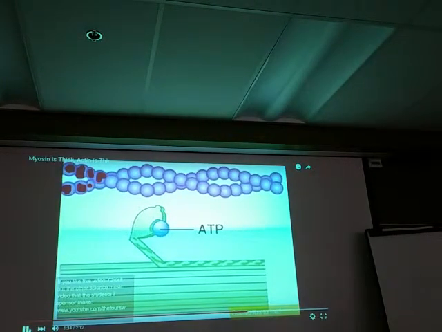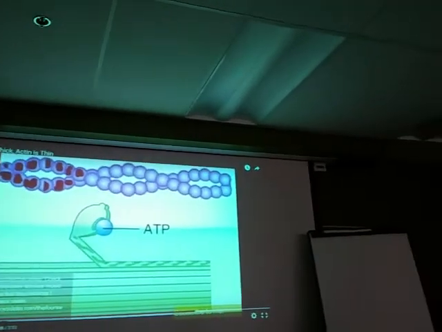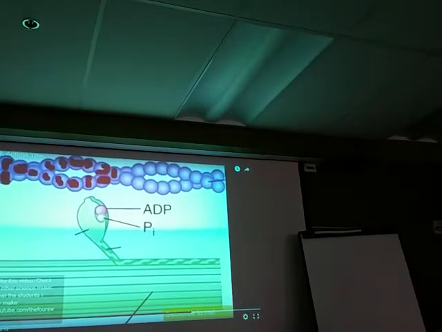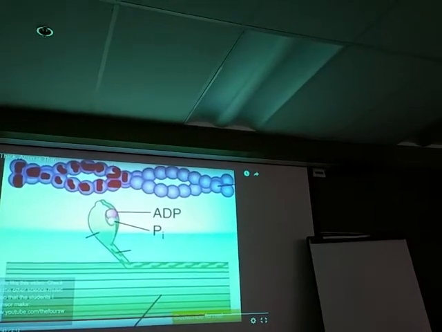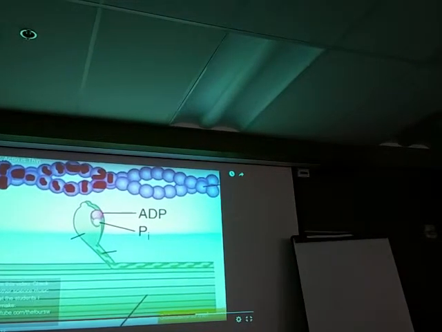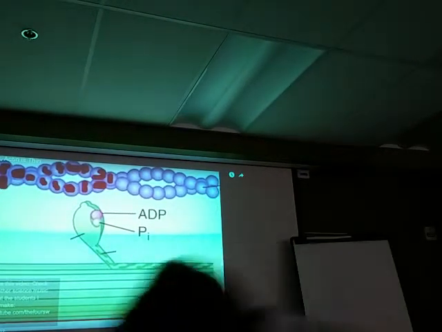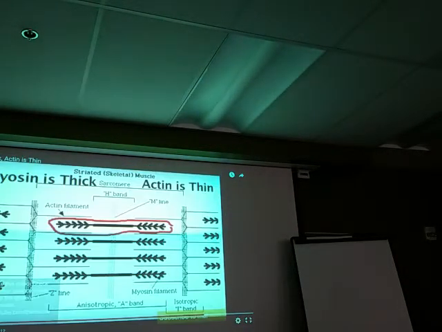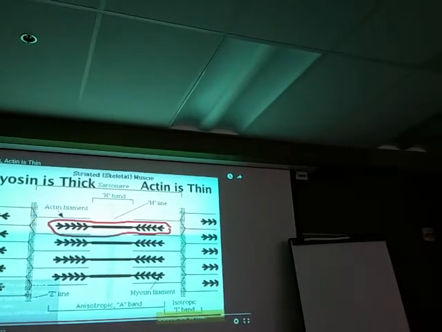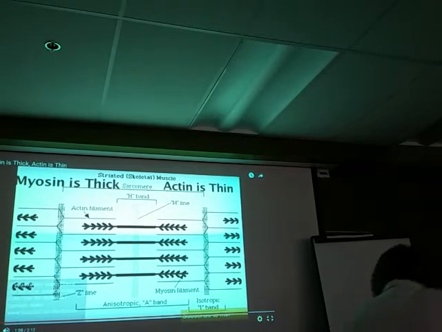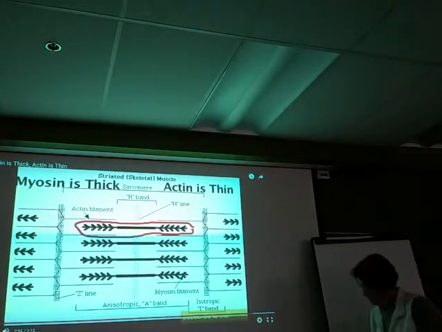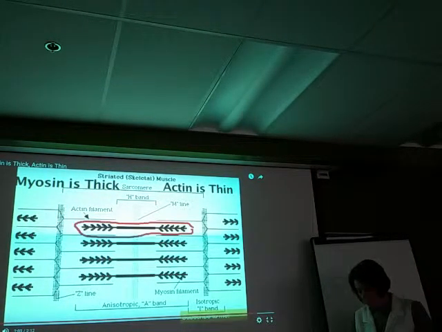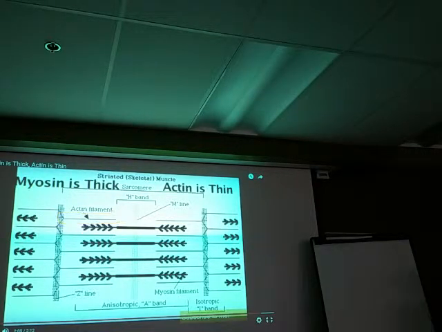Keep on listening, cause here's the reaction. The ATP breaks into ADP and phosphate. This energy allows the head to cut all the way. If calcium's around, it's time to feel the contract. Actin's binding sites are free, it's time to attach. Myosin is thick and actin is thin. Each of these things are called myofilaments. Actin is a thin filament, myosin is thick. Hope you got that down. Now listen real quick. Myosin is thick and actin is thin. Myosin is thick and actin is thin.